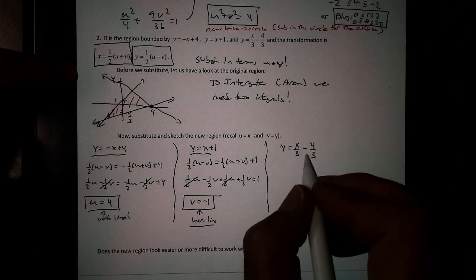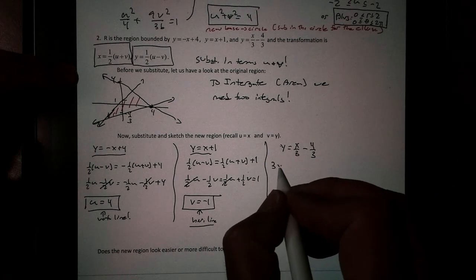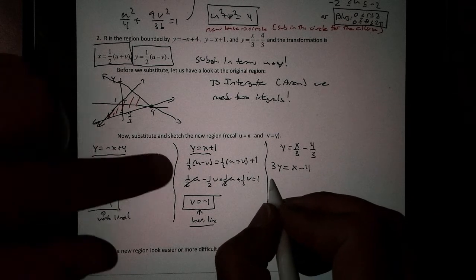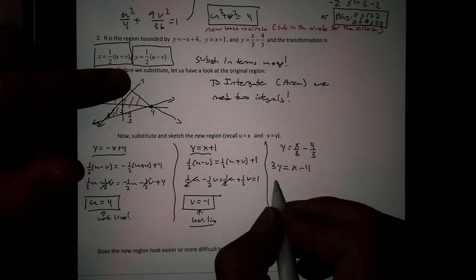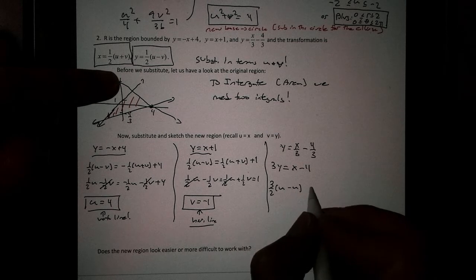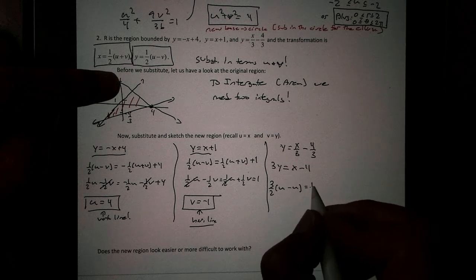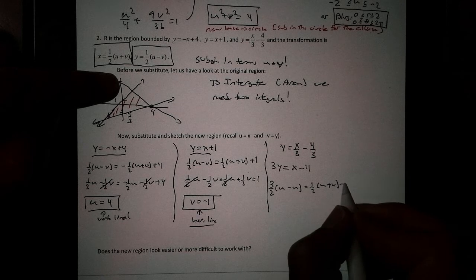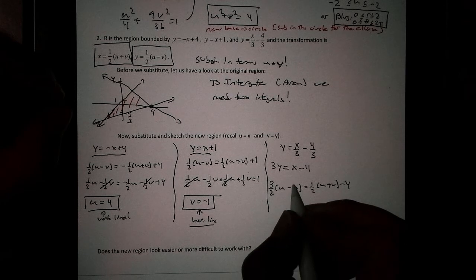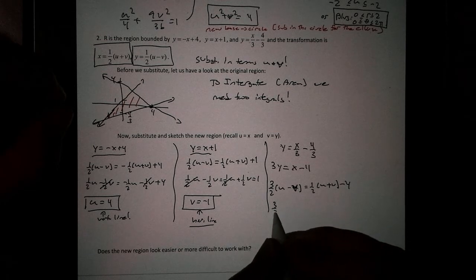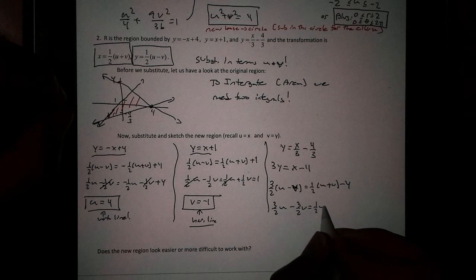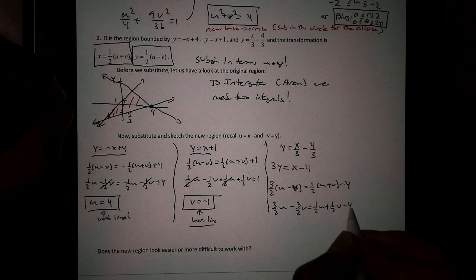And let me see here. This is what? 3y equals x minus 4. So let's use that. So if I plug in my y, what do we get here? 3/2 u minus v equals 1/2 u plus v minus 4. Distributing, whoops, that should be v right there. 3/2 u minus 3/2 v equals 1/2 u plus 1/2 v minus 4.